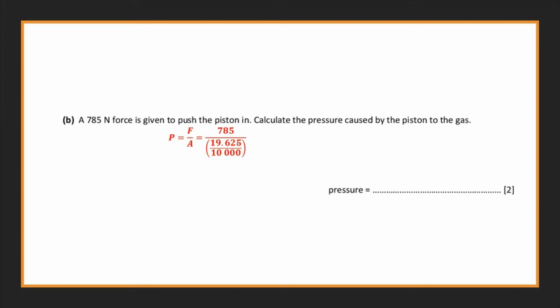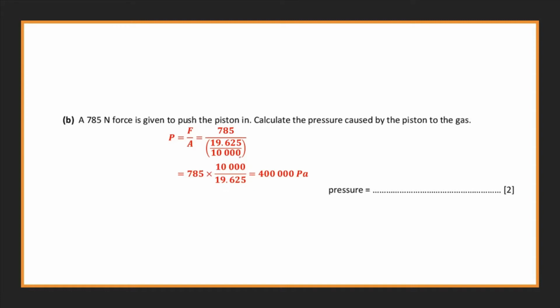This is a fractional division. So you have to flip the fraction here. The equation will become 785 multiplied with 10,000 over 19.625.